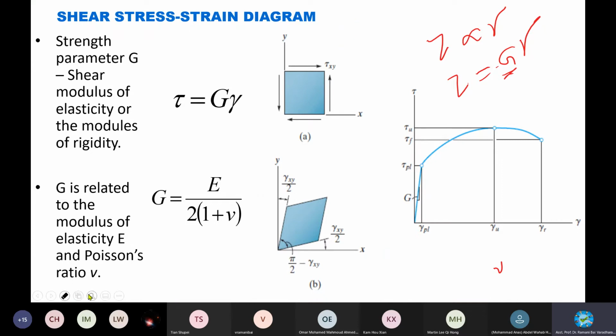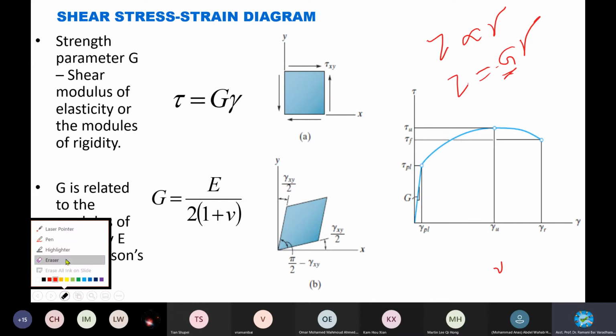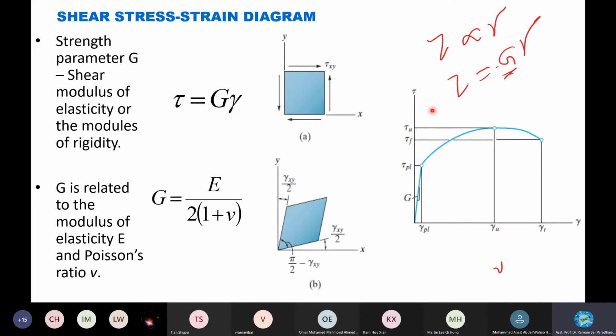Like we define the ratio between stress and strain for normal stress, we can also define it for shear stress. If I denote the shear stress by tau and the corresponding strain by gamma, the ratio between them is given by Poisson, so we call this Poisson's formula.